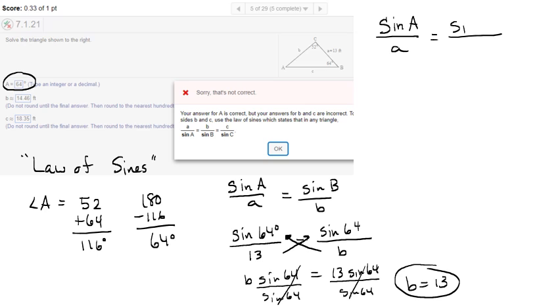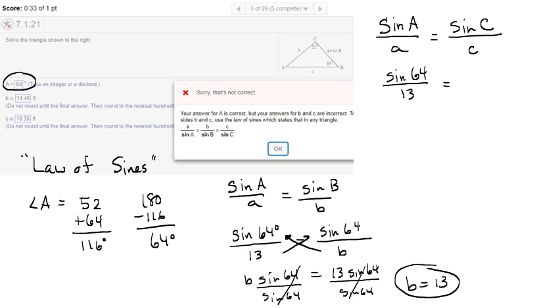So it doesn't really matter which way it goes, as long as you know the side and its opposite angle, you can work with the law of sines. All right, let's go for it here though. What do we know? Sine of A is sine of 64 over 13, equal to sine of 52 degrees divided by C, and that little c is what we're going to try to figure out.